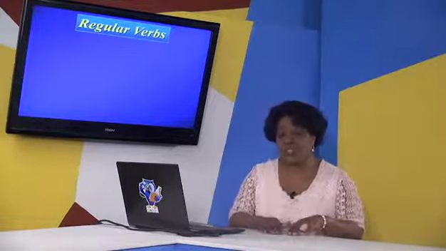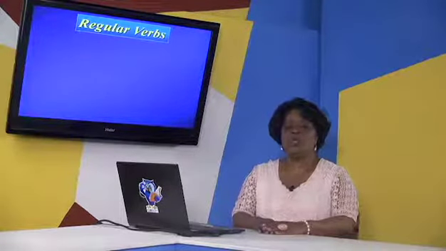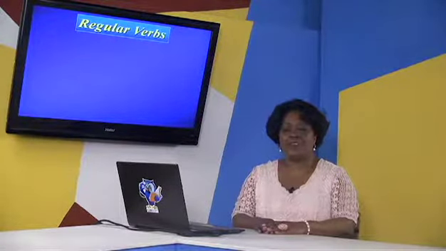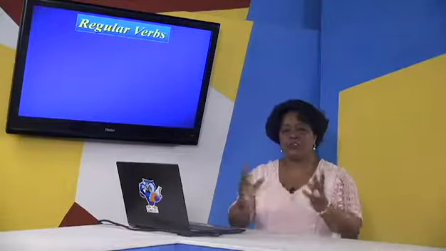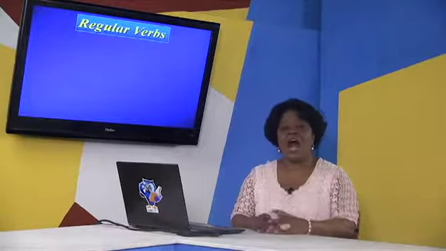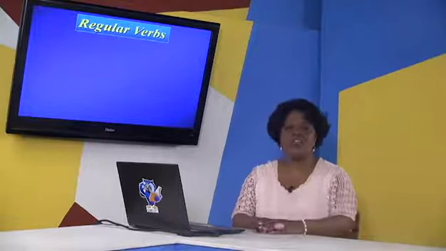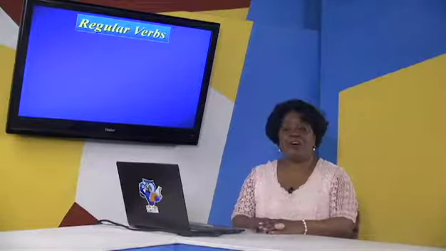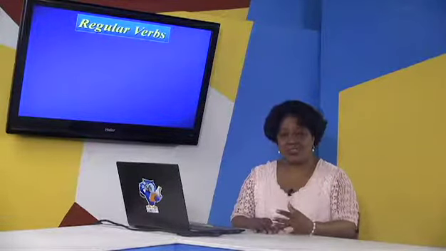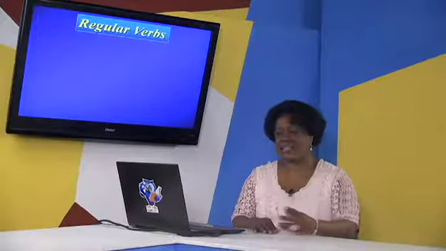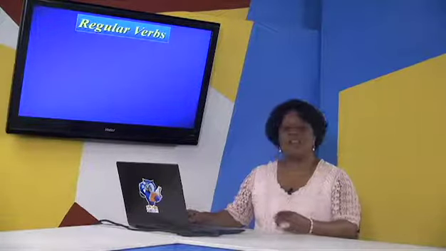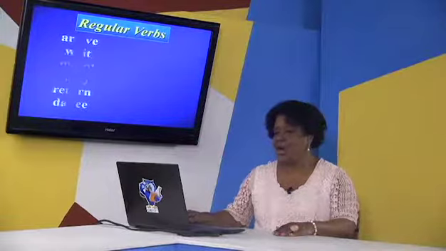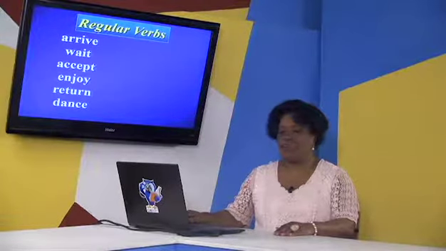But in the lesson today, we will be looking at regular verbs. We are going to summarize how you use regular verbs to speak about past actions, to speak about past activities. And here you have the first list of regular verbs.